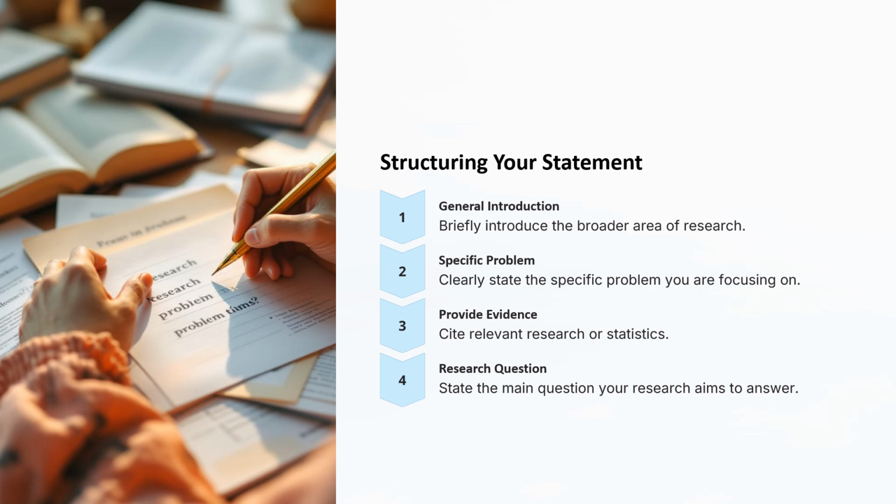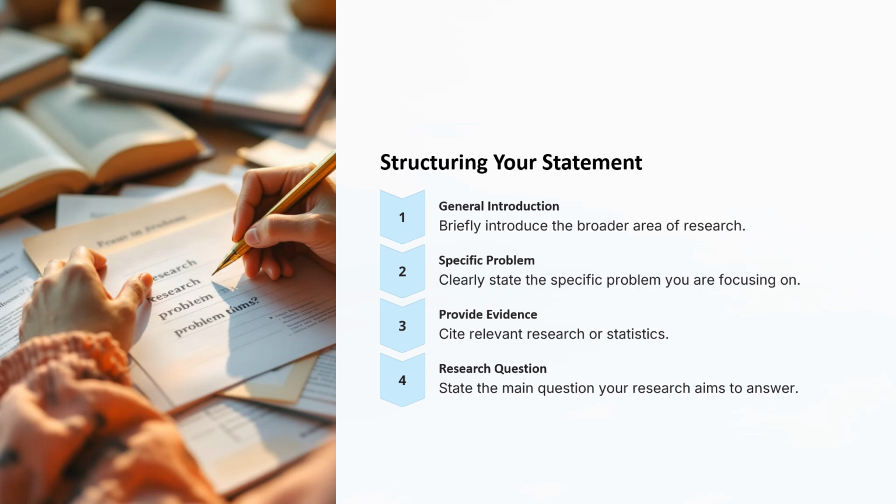Okay. Then specific problem. After the introduction, which is the general one, introducing your readers into the statement of the problem section in your research, which is chapter 1 of your research, you now narrow down to what you are looking at. What are the problems? Why are they problems? Who are the people affected by the problem you are looking at?